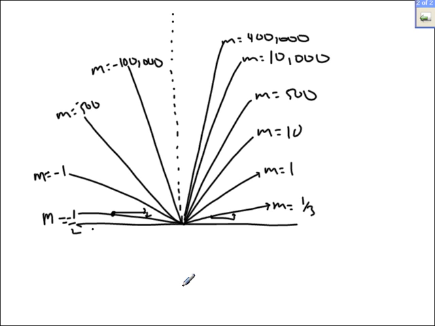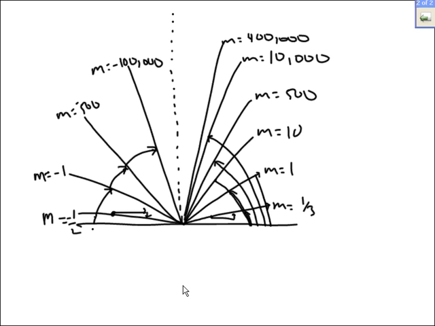Well, notice I kept making the slopes closer and closer, approaching the vertical line, even in the other direction. I only went that much, then I went more, then I went further.